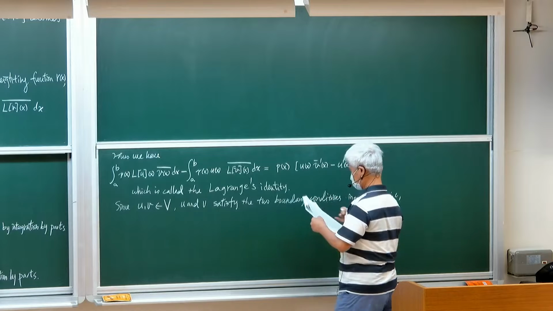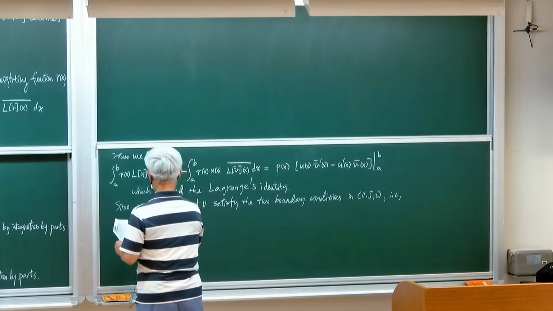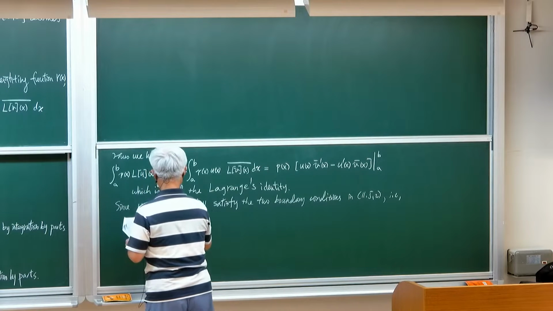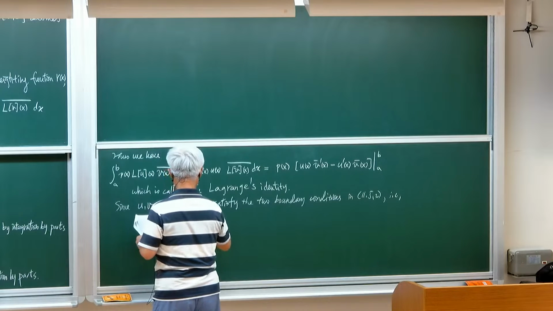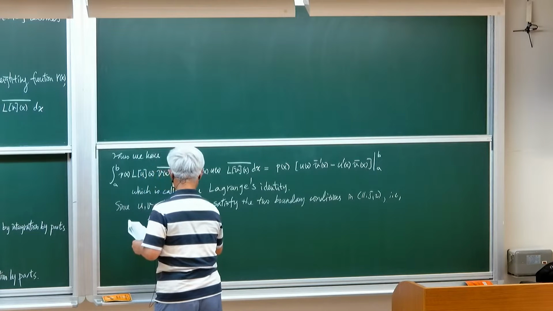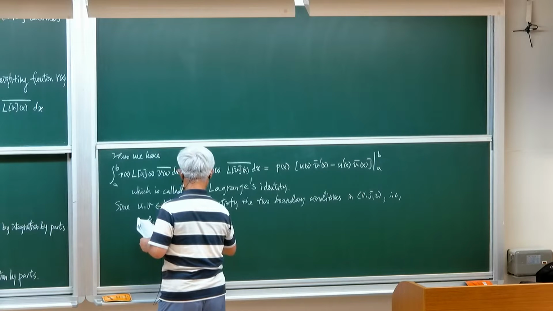So we can write it down. So that K1 U(A) plus K2 U prime(A) is 0. L1 U(B) plus L2 U prime(B) is 0.